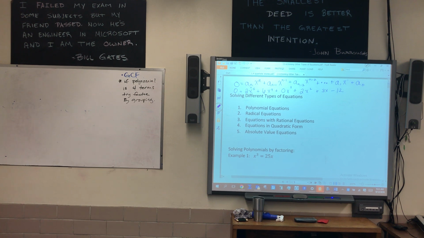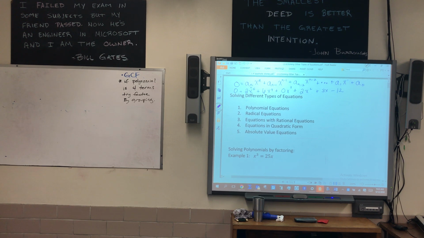What that means to us, if I look at this, and I probably should say that n has to be a positive integer, or maybe we say a non-negative integer, so we can incorporate 0. But if n is 0, then this thing's just kind of boring. A lot of times we're really focused on n being 3 or bigger. Because if it's 2, it's quadratic, which is still a polynomial, but we have different techniques to talk about it.